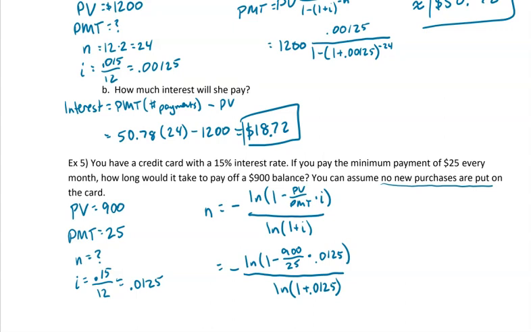From there, plug it all in your calculator. So if we plug it in, we're going to get approximately 48.13, which is essentially going to be 49 payments. All that means is that our last payment would be smaller than the rest because it's not a full payment.